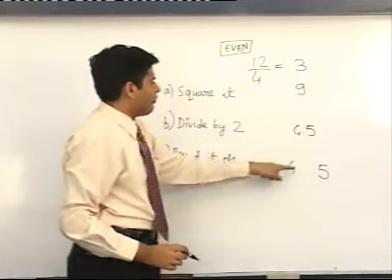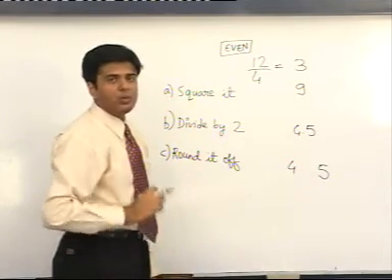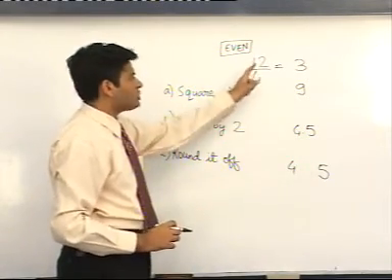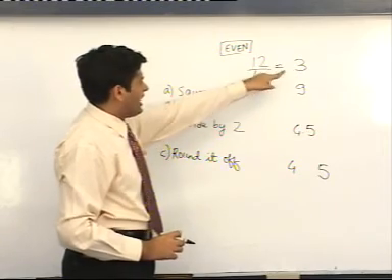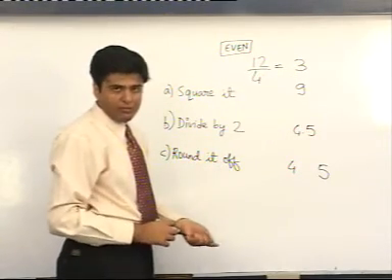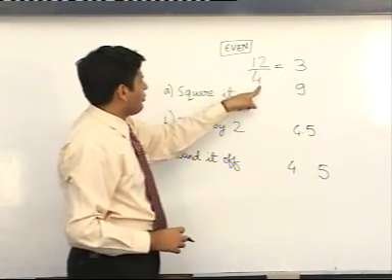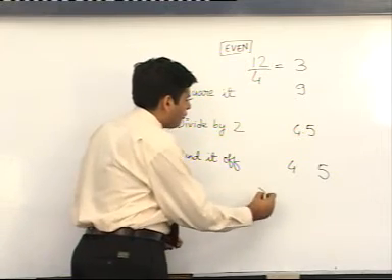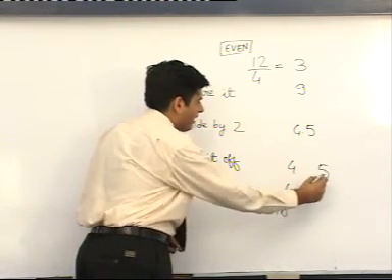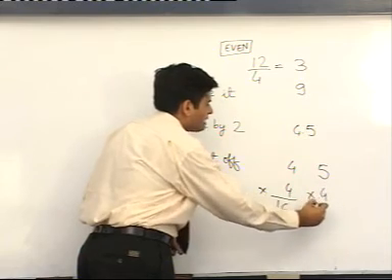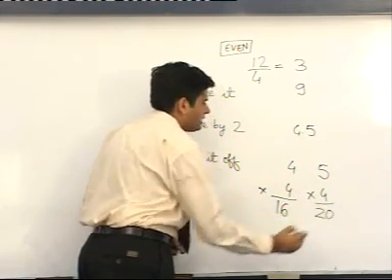So 3, 4, 5 is the triplet, but we want the triplet whose one value is 12. Now since we have divided by 4 to get 3, we will multiply by 4. 3 4s are 12, 4 4s are 16, and 5 4s are 20.